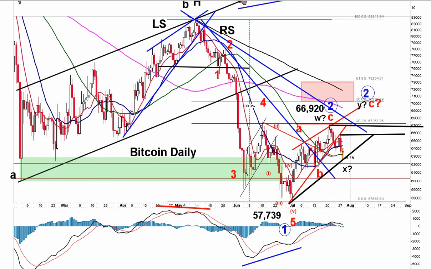Maybe this evolves into a more complex WXY in this more recent push higher, and we still go up here into that 67,000 to 70,000 area that I've talked so much about, closer to the 100 period moving average, closer above the 38.2 at 67,200 and change, and moving closer towards the 50% retracement at 70,000. Possible. Regardless, it doesn't matter.